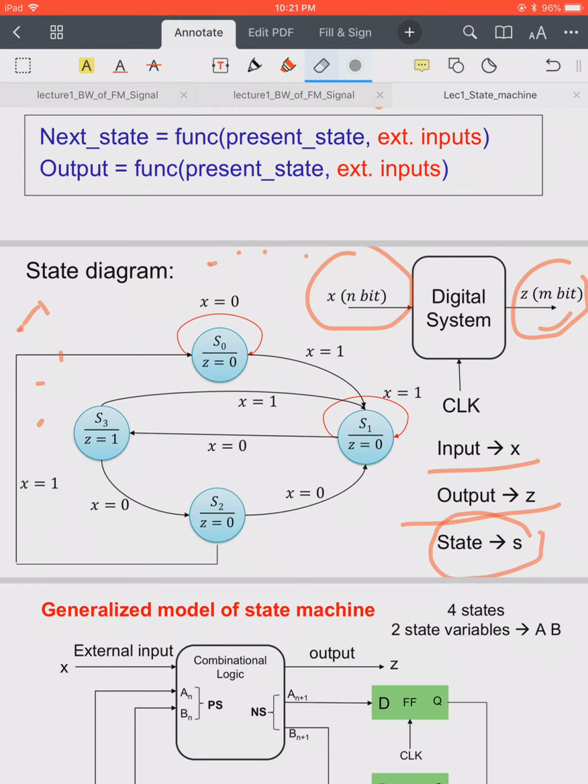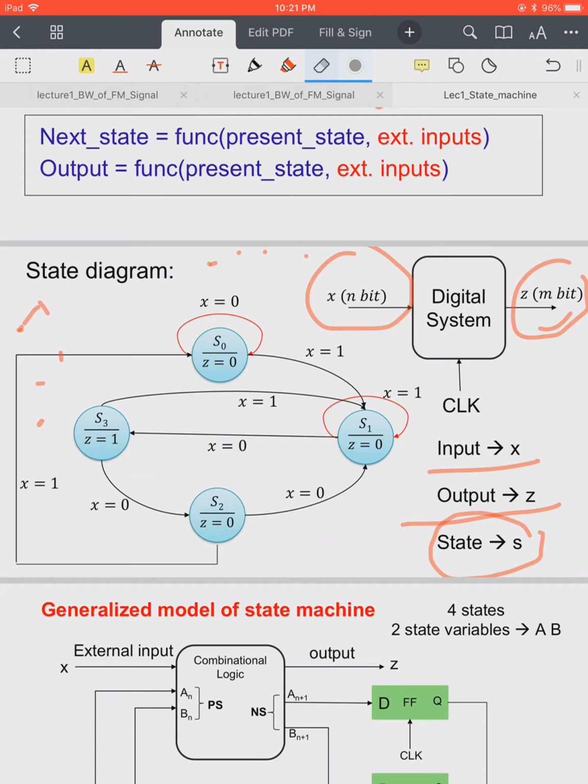Initially, suppose the system is in S0 and its output is z equal to 0, so it's a 1 bit output. I'm also assuming its input is 1 bit. If x is 0, it will remain at that state.